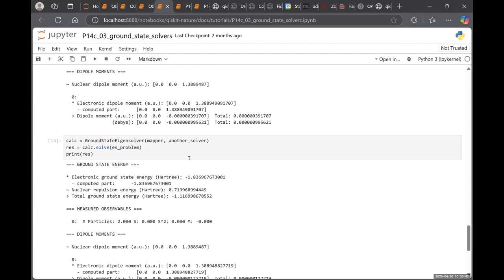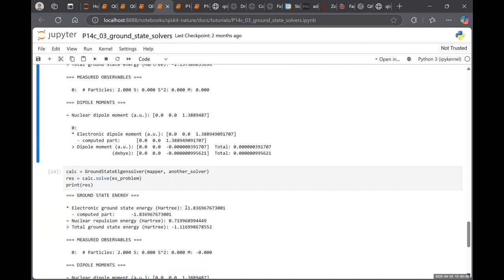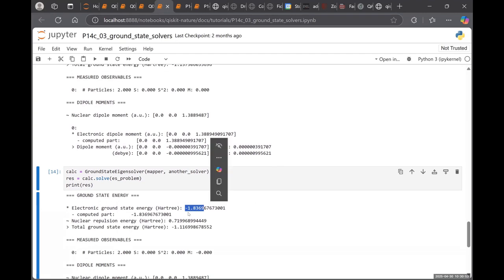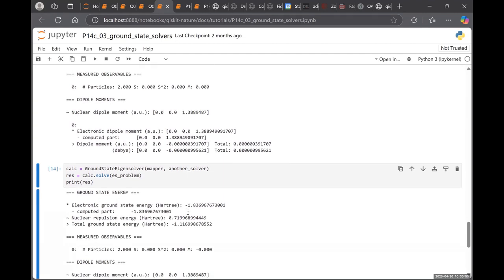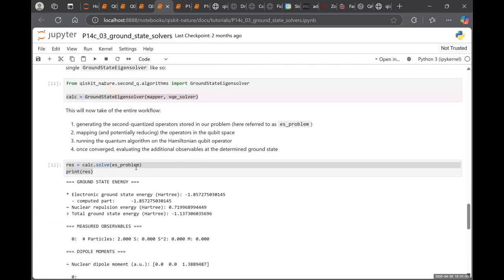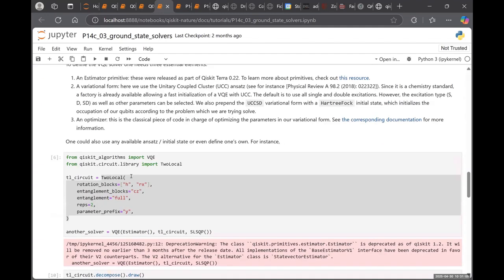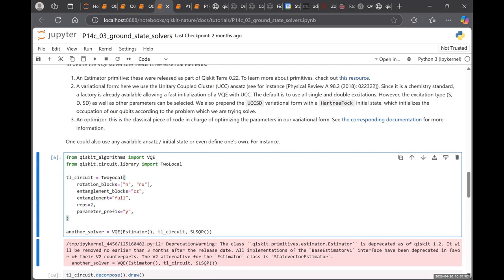Okay, and you can compare the results. Minus 1.85. This is minus 1.369. This is not as accurate, right? This energy is higher than that. So there is a natural ansatz role. This other ansatz we use, TwoLocal, is not as good.